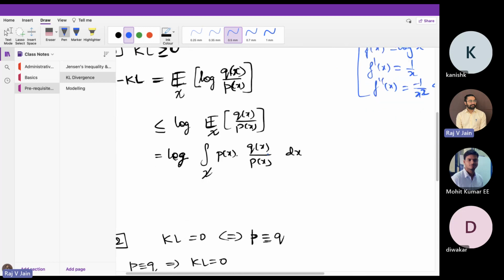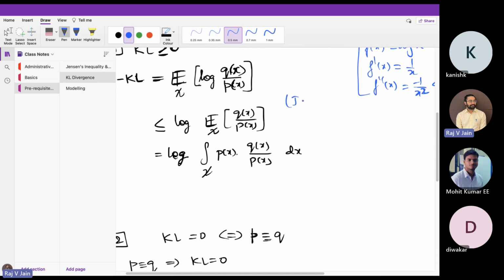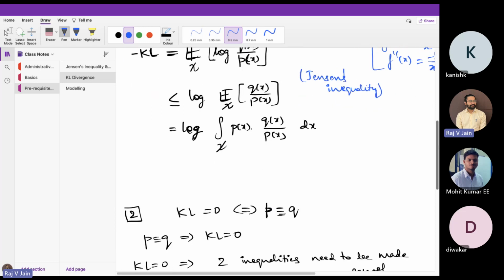This was because of Jensen's inequality. Now, this term I'll expand and write as log of the integral of P of x times Q of x by P of x. So how do I go forward from here? It should be very straightforward.